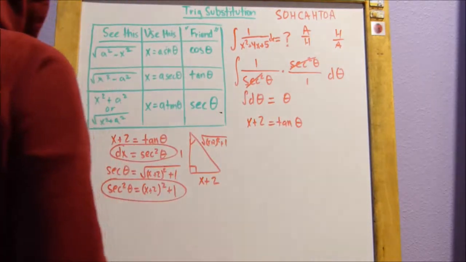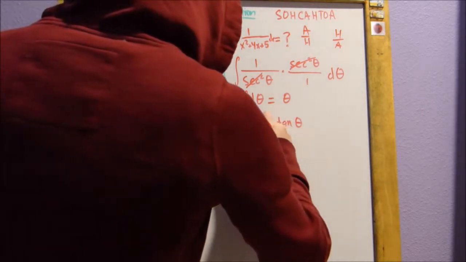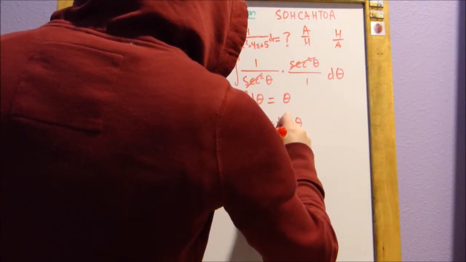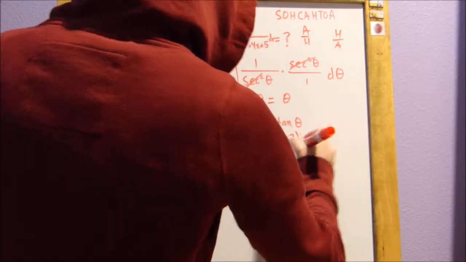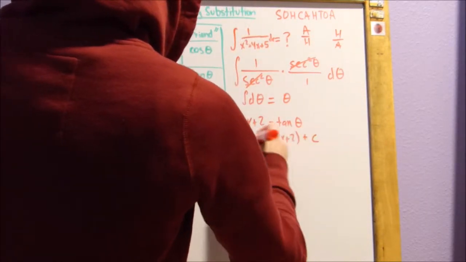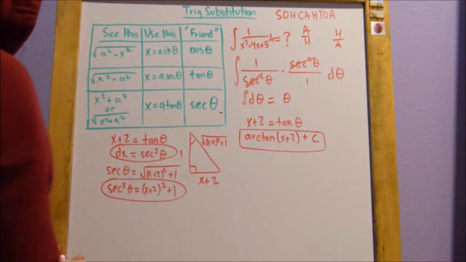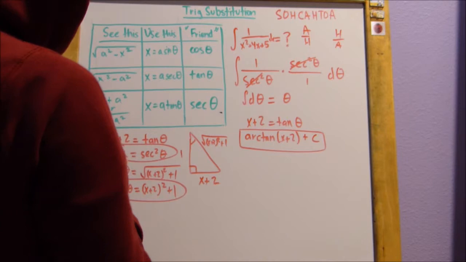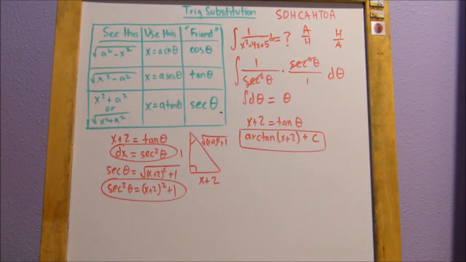We're going to take the arctangent of both sides, which is going to be arctan of x plus 2 plus c. And that's going to be our answer. And that's how easy it is to evaluate integrals using trig substitution.